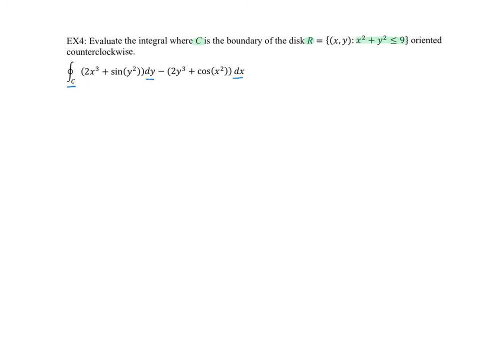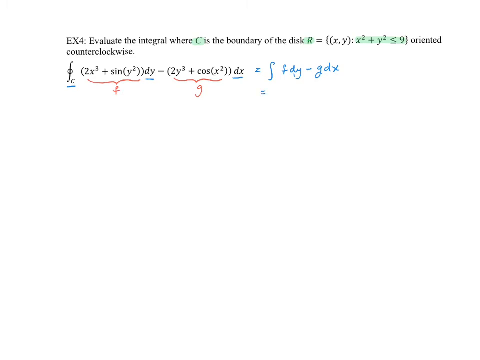So it kind of looks like if I call 2x to the third plus sine y squared, if I call that f, and the 2y to the third plus cosine of x squared, if I call that g, this looks like the single line integral over this curve of f dy minus g dx, which is the line integral for the flux formula.